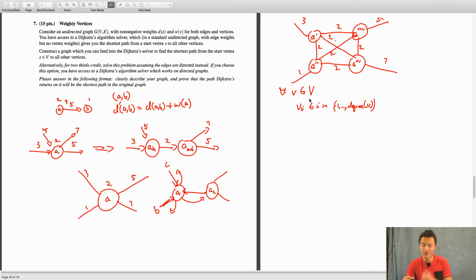And for every one of these Vi, I'm making a complete subgraph between all Vi, right? And the edge of Vi, Vj, the distance, is going to be equal to the weight of V, where i, j in 1 to degree of V, this distance.